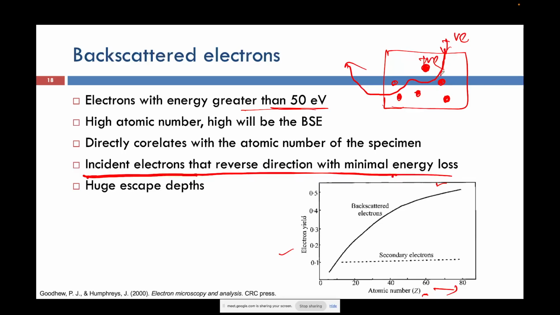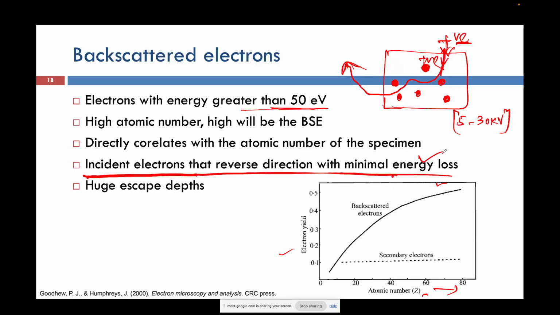So it will not be able to maintain that straight path, because the accelerating potential is between 5 to 30 kV, right? So it will start deviating due to the attraction created by this positively charged nucleus, and it starts deflecting. Since the nucleus does not have enough energy to absorb the energy of this incident electron beam, it goes with minimal energy loss.